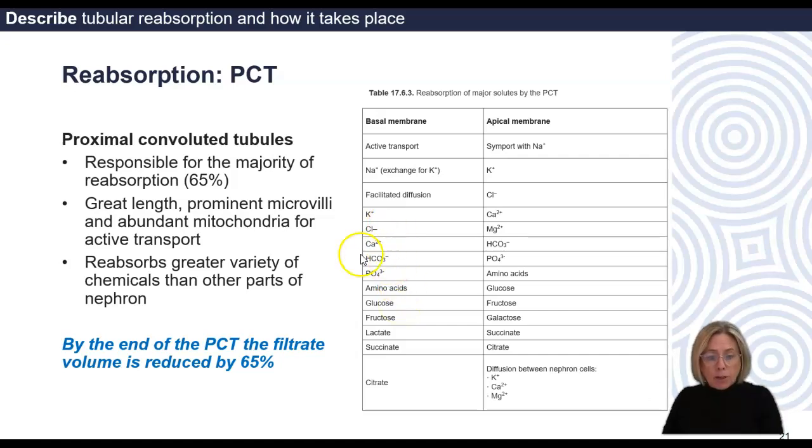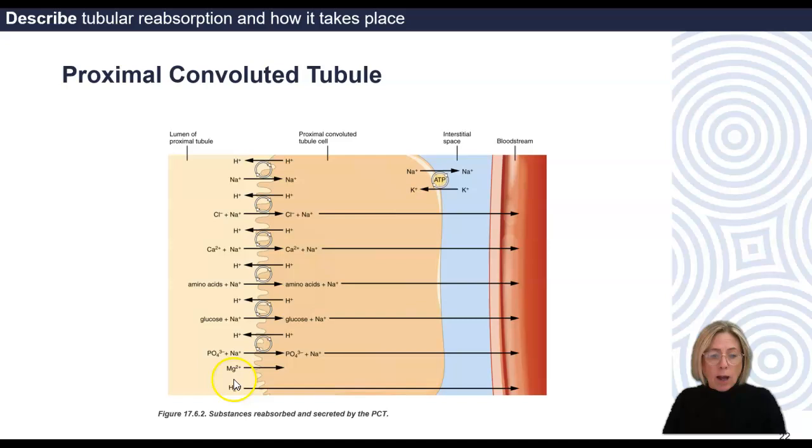And remember as well that if you're moving solutes such as sodium and chloride from the filtrate into the tubule cells and then into the peritubular cells, that is going to create a concentration gradient for water to move from the filtrate into the proximal convoluted tubule cells, into the interstitial space, and then into the peritubular capillaries as well. And that's what you're looking at down here. The bottom of this figure is showing you the movement of water via osmosis.